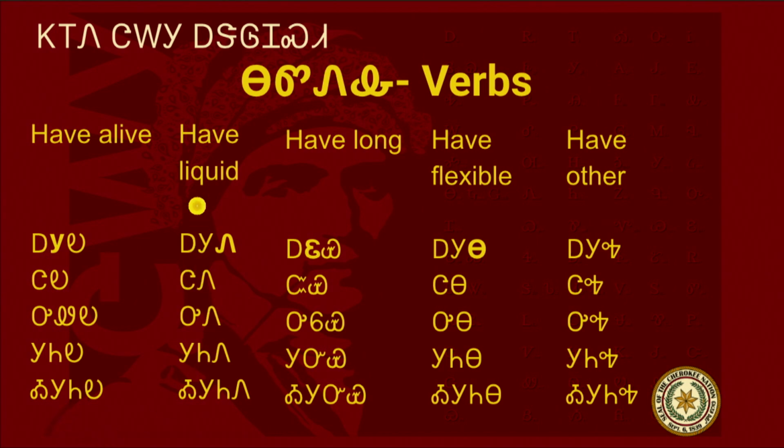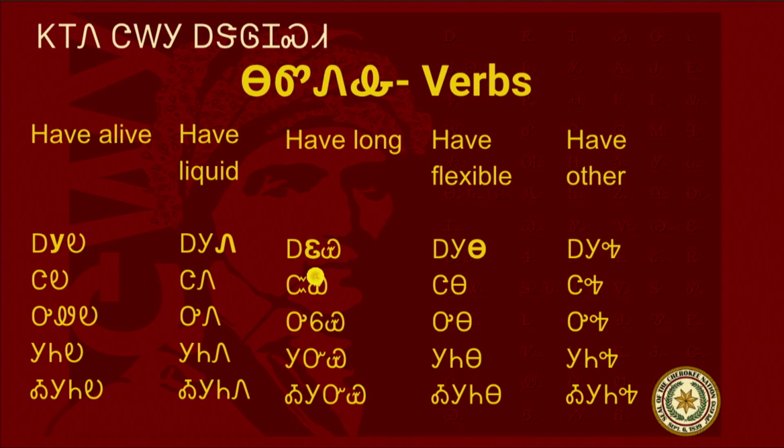Okay? To have liquid. Agi ne, ja ne, you have something liquid. Ne, he or she has something liquid. Gini ne, the two of us have something liquid. O gini ne, we have something liquid, but not you. Okay?